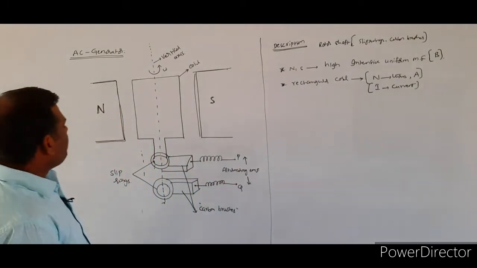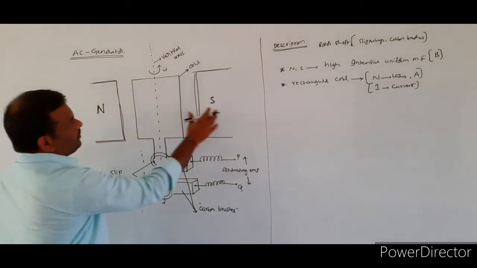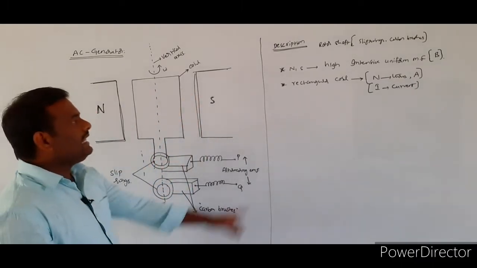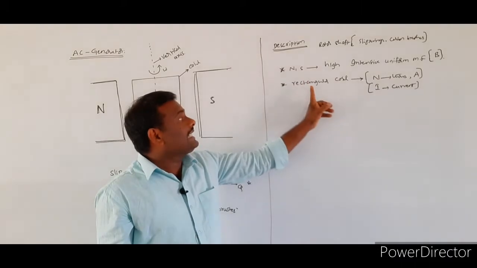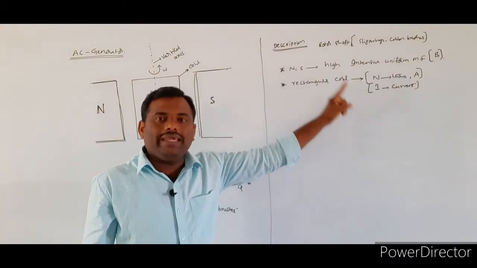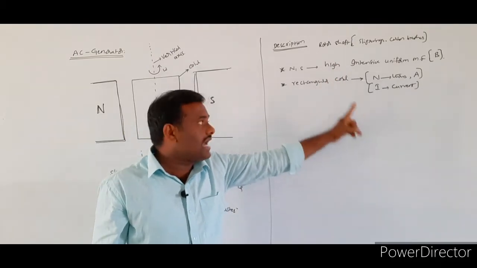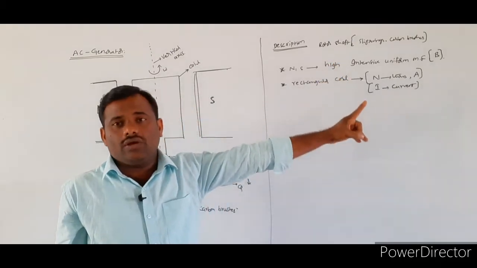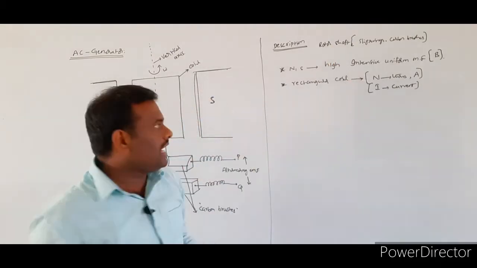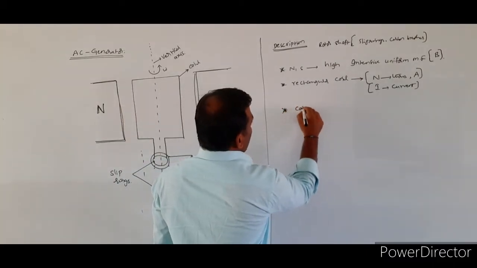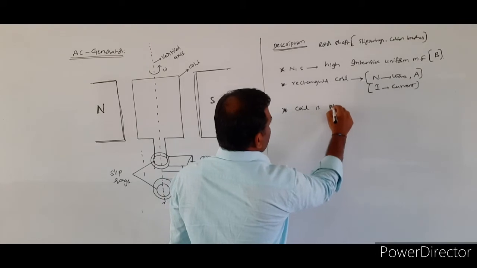And in between the two poles, which type of coil we placed here? A rectangular current carrying coil, which is consisting of a capital N number of turns, and area of cross section is equal to capital A.